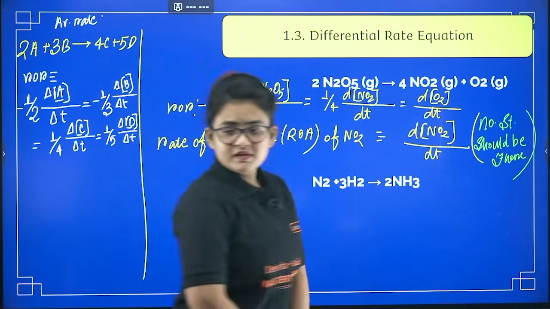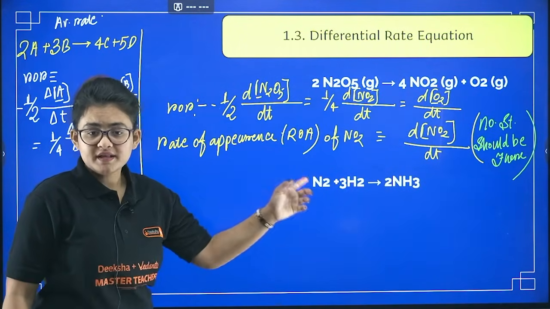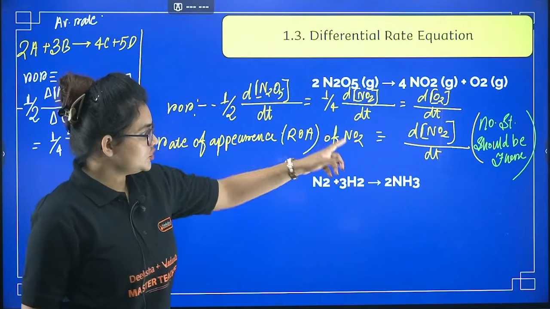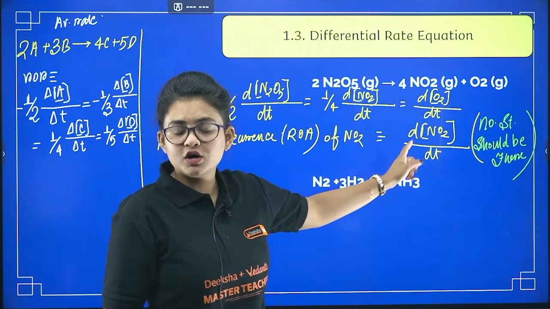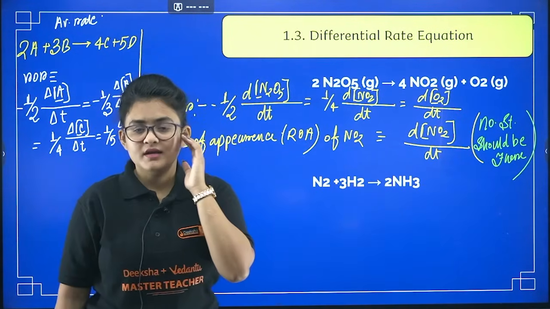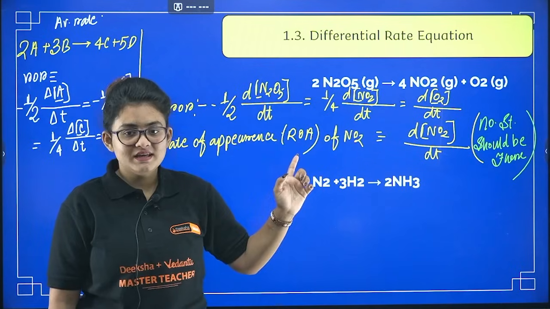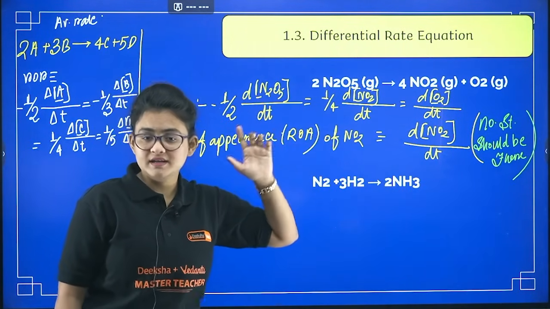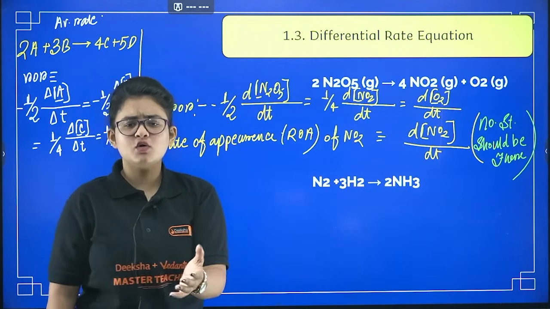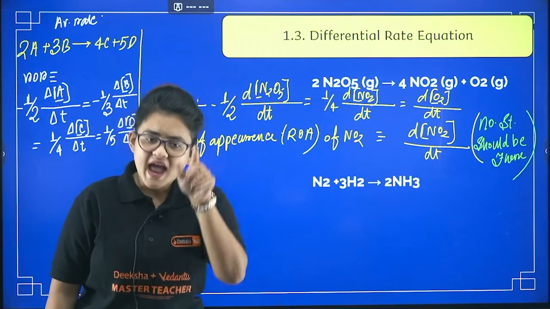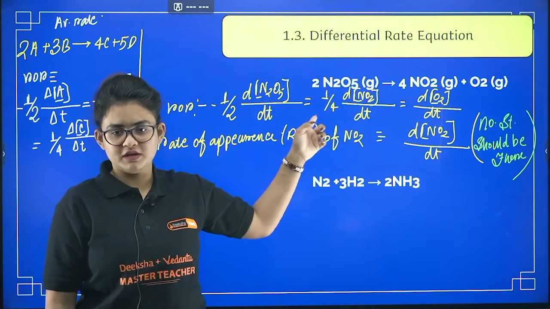Whenever they are asking for rate of appearance or rate of disappearance, there should not be any kind of stoichiometry or sign. But when they are asking the rate of the entire reaction, then go ahead with the sign and with the stoichiometry fact.